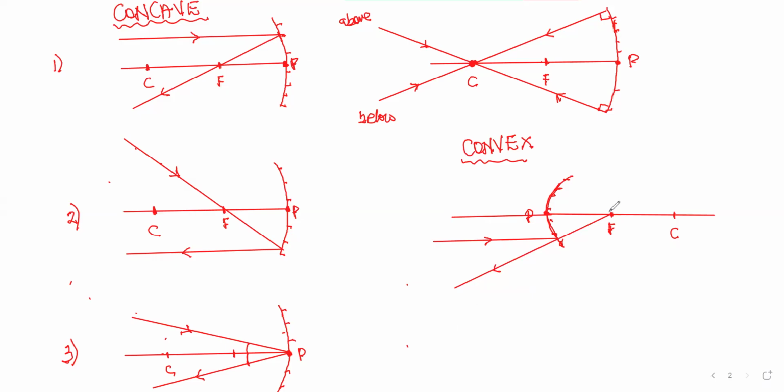But the reflected ray must appear to be reflected from F. Let me draw another parallel ray to the principal axis. It must reflect, but the reflected ray always appears to be reflected from the principal focus, the virtual principal focus.